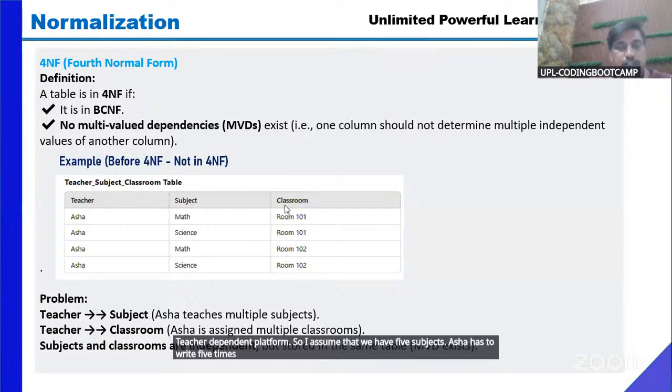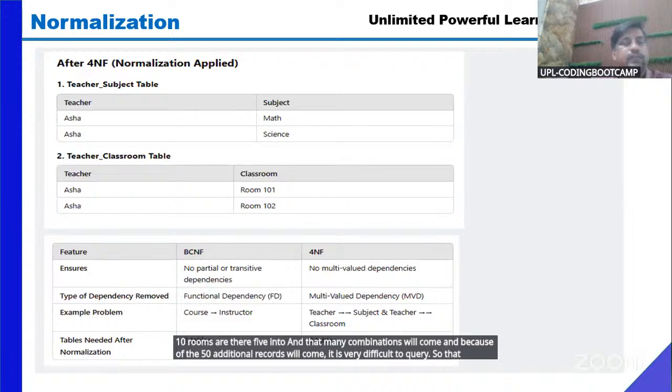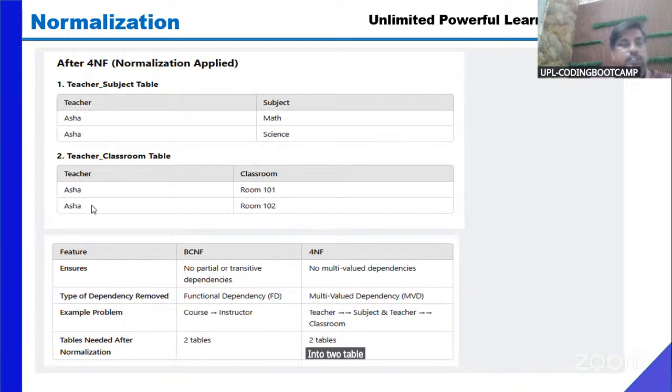And assume the classroom varies, with 10 rooms, 5 into 10, that many combinations will come. Because 50 additional records come, it is very difficult to query. So in such a situation the suggestion is to divide the table into two tables, teacher with subject and teacher with classroom.